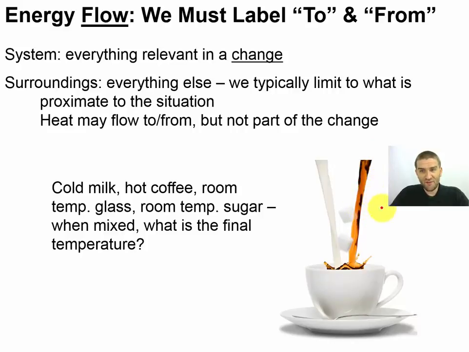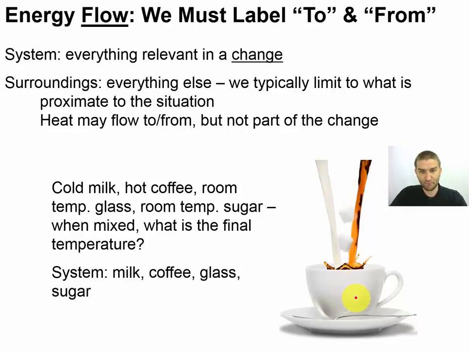So what we've just done there, I've just described coffee, sugar, milk, and cup as being part of our system. But maybe what we care most about isn't where all the temperature went. Maybe what we care most about is the total final temperature of what I'm about to drink, at which point the cup would not be part of my system.